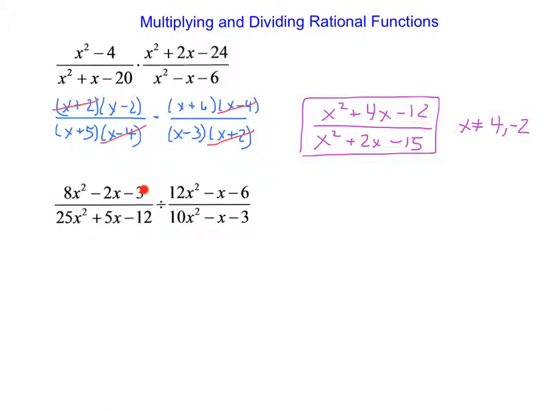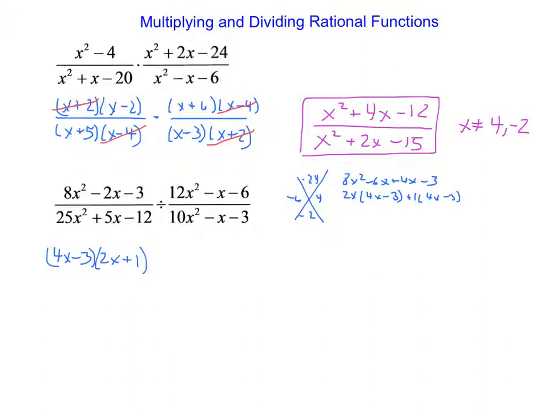Okay, so a bunch of RS method stuff here. Multiply to negative 24, add to negative 2, and that's going to be negative 6 and 4. Beginning the process here. Okay, so I can see here that the top for this one is going to be 4x minus 3 times a 2x plus 1.